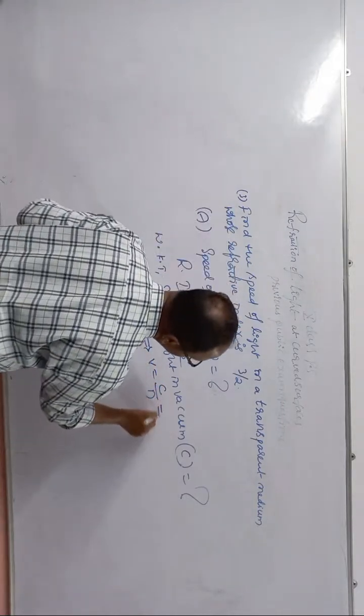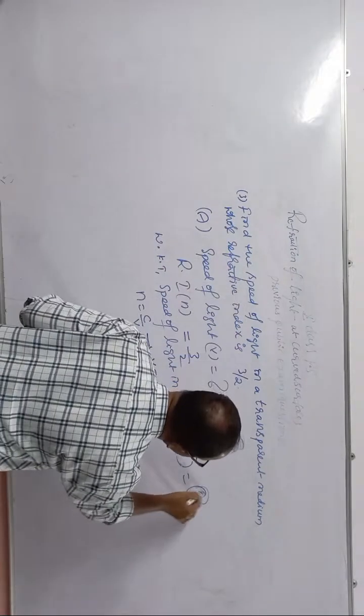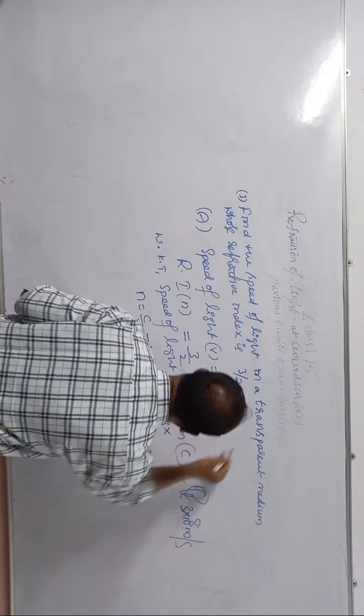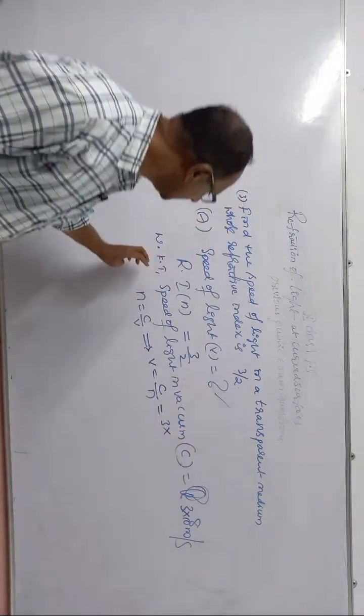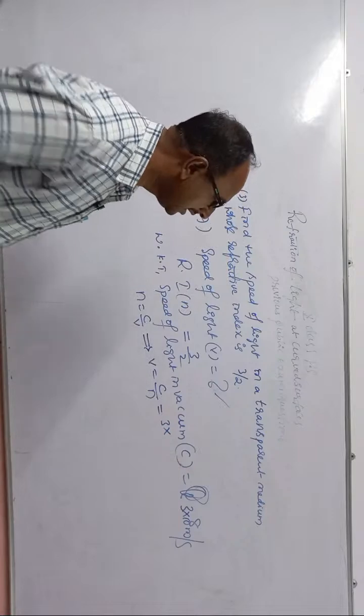So c value, we know, is 3 into 10 power 8 meter per second. We know that speed of light in vacuum is 3 into 10 power 8 meter per second.